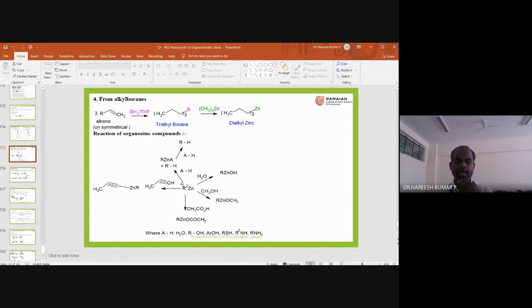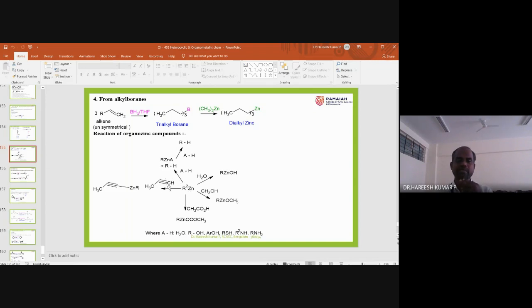Suppose a dialkyl zinc compound is treated with an alkyne. You know that this CH proton is acidic in nature. That means C is available as an anion. An anion will attack an electrophile, and here the electrophile is zinc only.